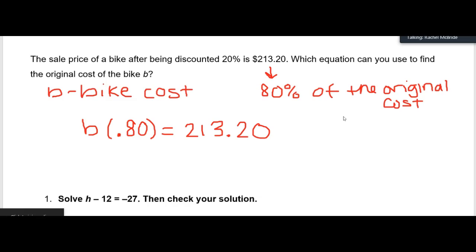So how do I solve for B? Do I add, subtract, multiply, divide? What do you think, Logan? Add. So what am I adding? 21,820 plus 0.20.